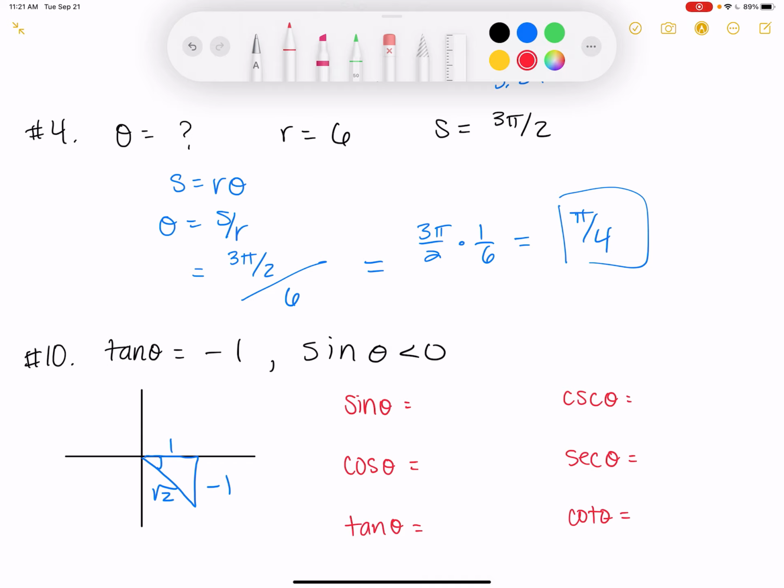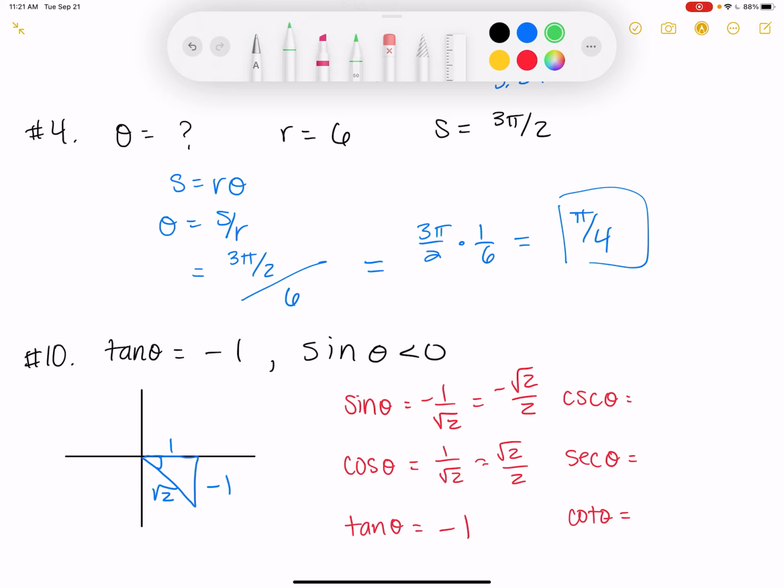So sine is going to be -1 over √2. Can't have the root on the bottom, so it's going to be -√2 over 2. Cosine is going to be 1 over √2, which will rationalize to √2 over 2. Tangent was given to us, we can just copy that one down.